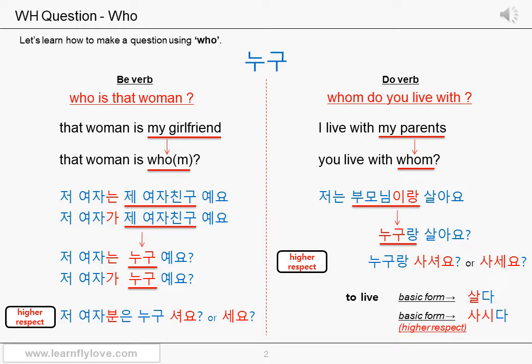Or as you know, you can use 세 sound instead of 셔 sound in the present simple tense. 사세요. 누구랑 사셔요? Or 누구랑 사세요? Now you can make another question using who, can you? Great, don't worry, we'll take a look at some more examples in this lesson together.